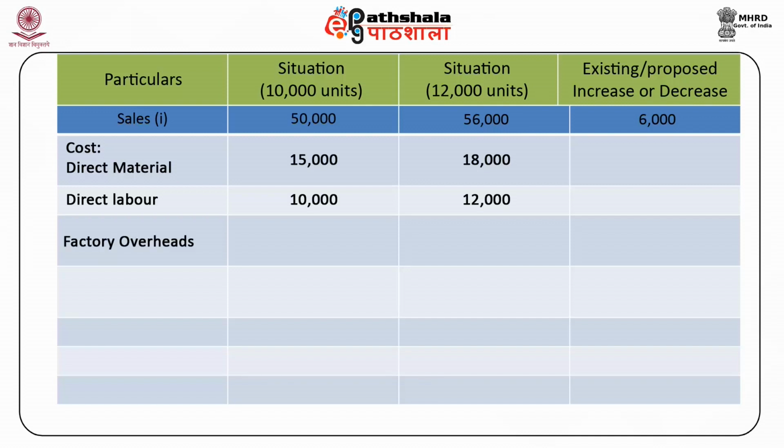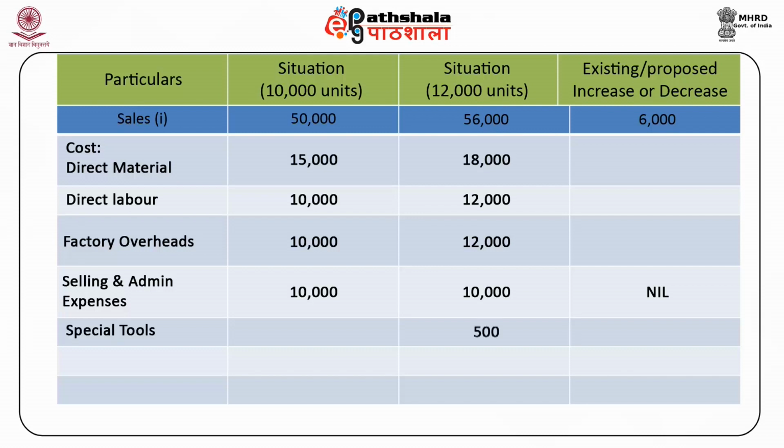Factory overheads and selling and administrative expenses would remain the same, that is, Rs 10,000 each. There will be an additional cost on account of special tools of Rs 500. The total costs come out to be Rs 50,500, such that the total profit comes out to be Rs 5,500.